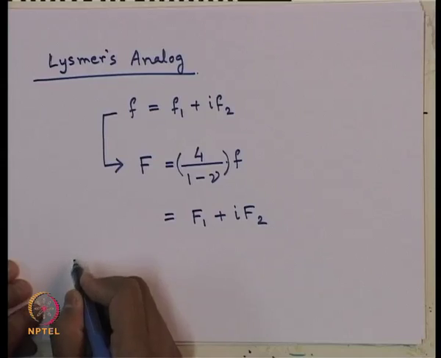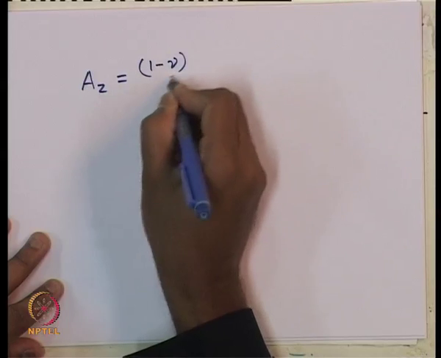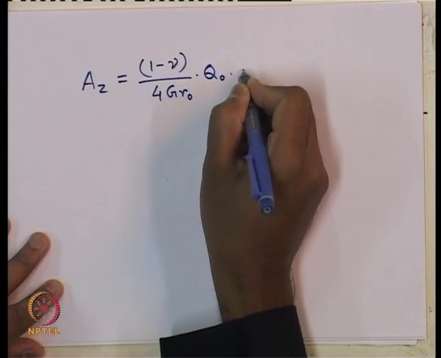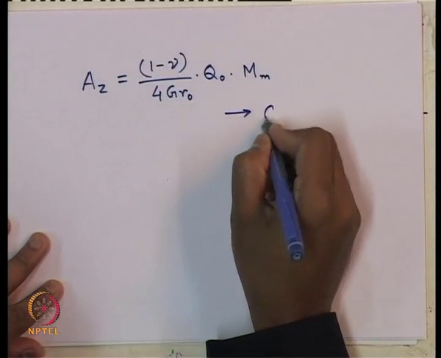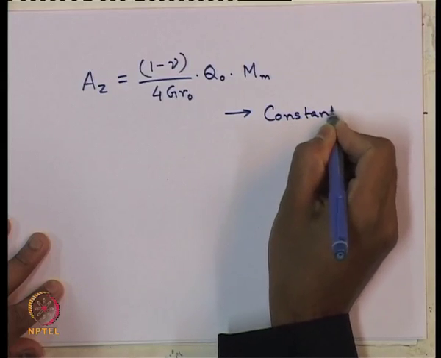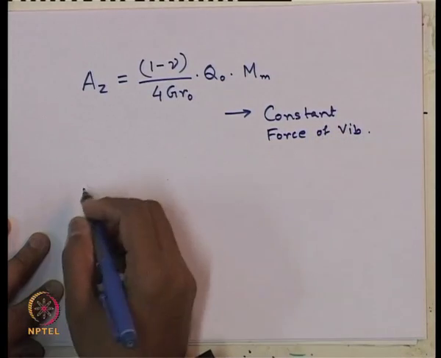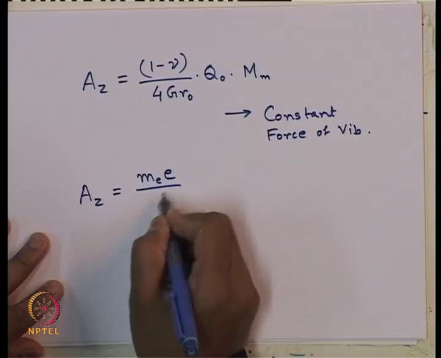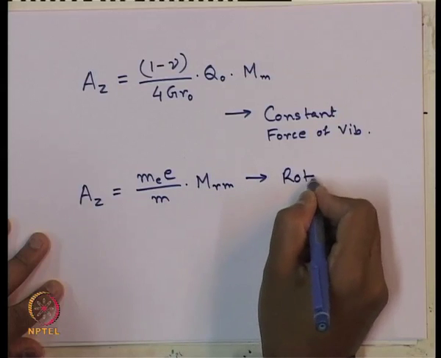So, Az, as I have shown just now, can be calculated using this expression, and this is for constant force of vibration, whereas Az can be calculated as me by m times Mr m for rotating force of vibration.